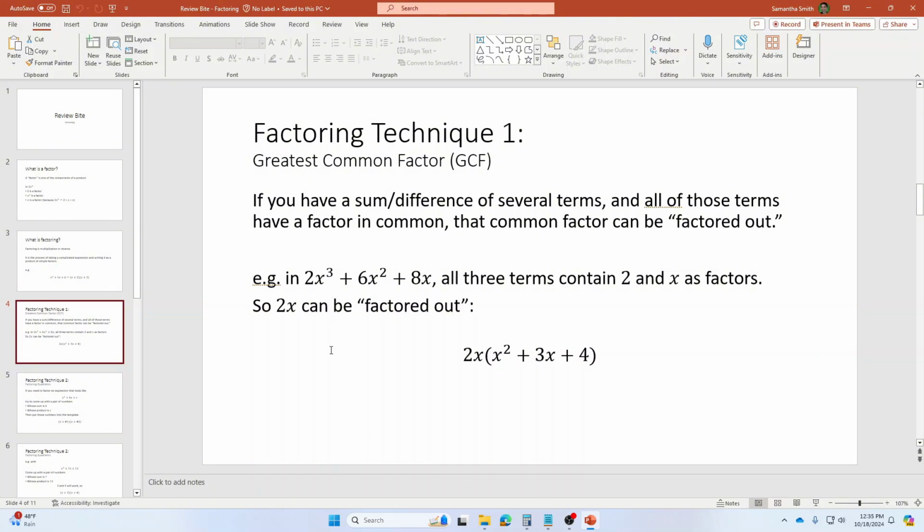For example, if I have 2x cubed plus 6x squared plus 8x, all three of these terms contain a copy of 2 in that product, and all three of these terms contain at least one copy of x. So 2 and x are factors of every single term in this sum, and 2x can be factored out of that sum, leaving behind just x squared from this first term, leaving behind a 3 and an x from the second term, and leaving behind a 4 from this final term.